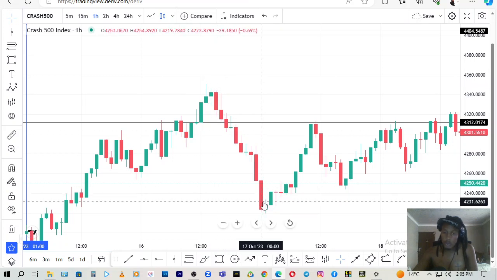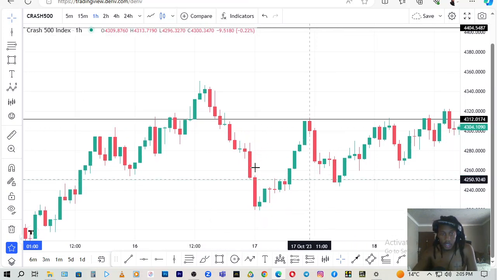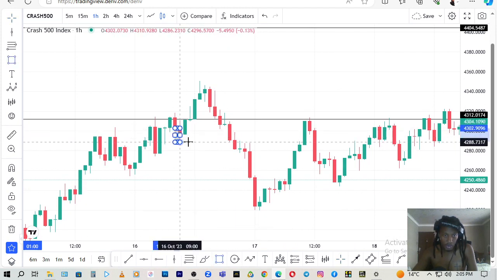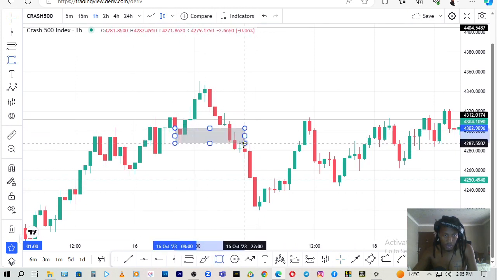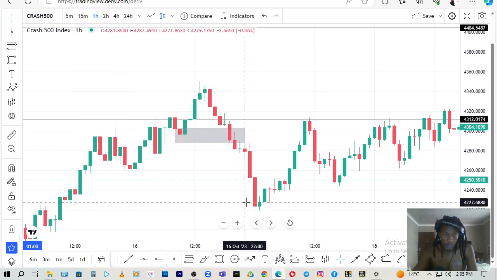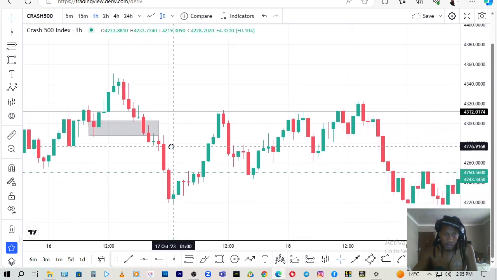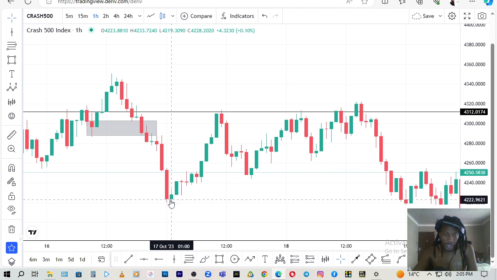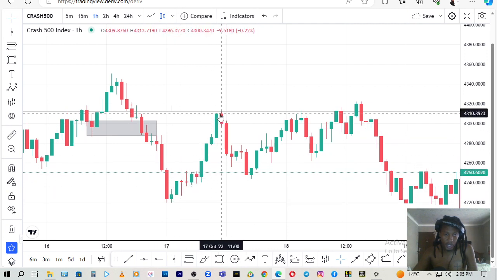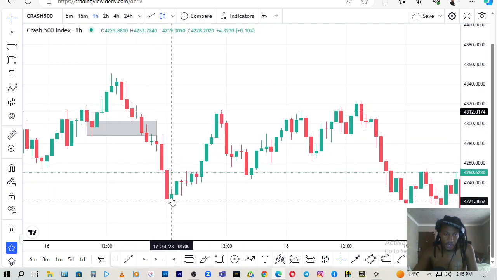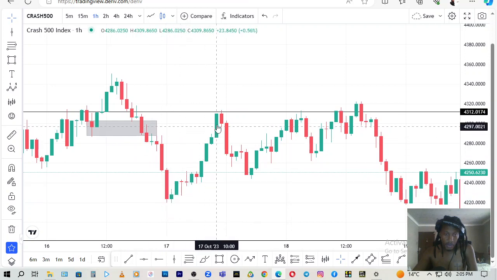Then we broke that low with just one impulse. We broke this low. The minute we broke this low, we knew we were in a downtrend. And here, remember this is our lower low, lower high.